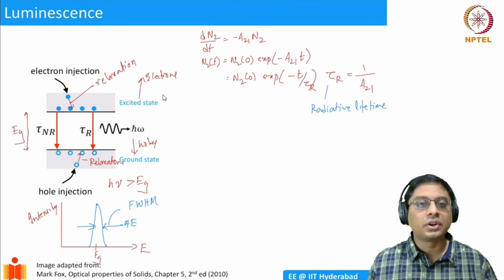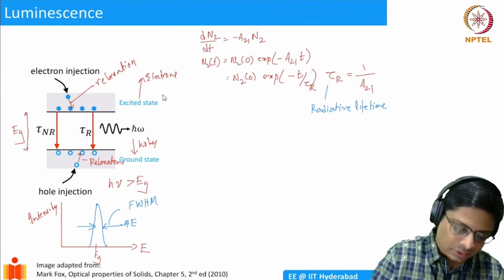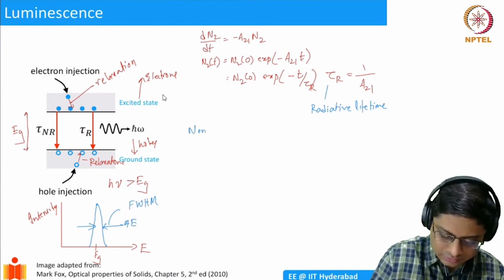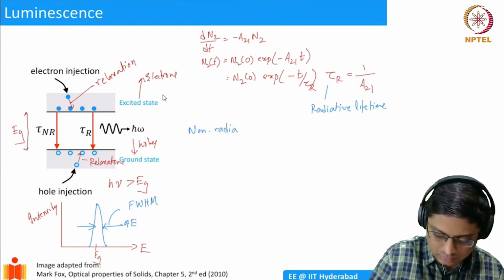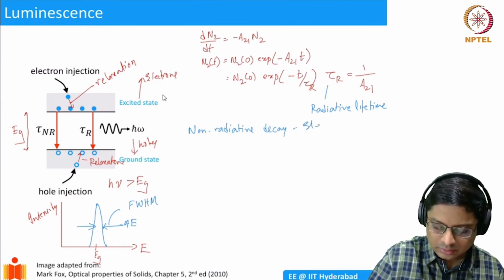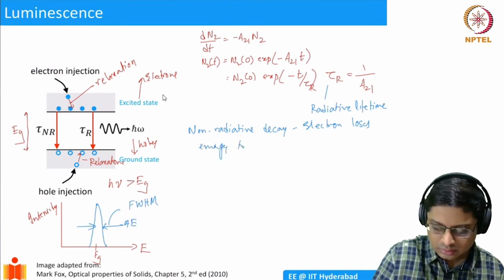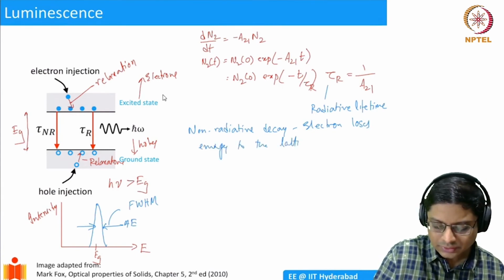That is called a non-radiative decay process: the electron loses energy to the lattice.